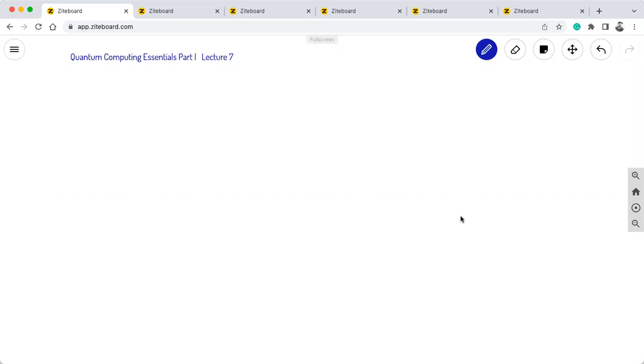Today, we'll be discussing some very special matrices. And the matrices are the projector matrices, the projectors, then the reflectors, and the rotators, rotation matrices.